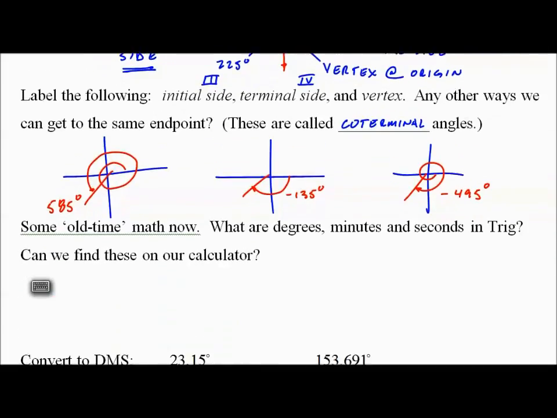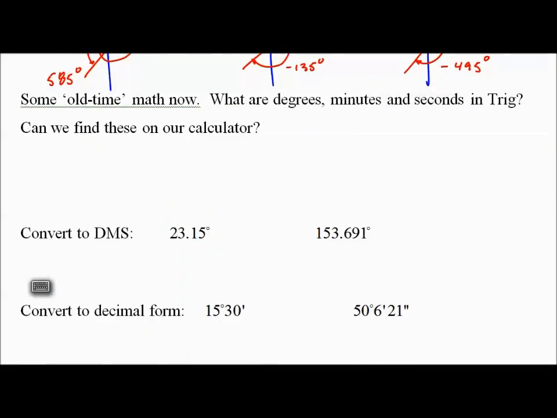Well, speaking of which, I'm going to need to get that up and running. So this is some old-time math. This hasn't been done before in my classes, but it's important to be aware of it. Really only used by a fraction of the world, but when you see it, you need to know what you're talking about. These are degrees, minutes, and seconds, or DMS.